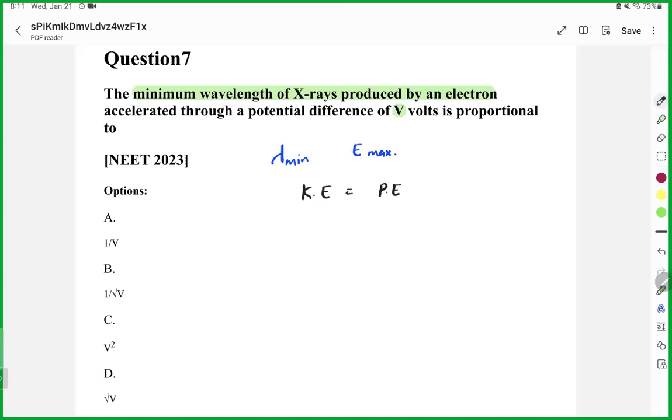Ultimately, potential energy. What is the overall energy in your question? E is equal to h nu, and potential energy is charge into potential. Make sense, guys? E is equal to h nu, and your potential energy is equal to q into v. This is equal to hc by lambda minimum.